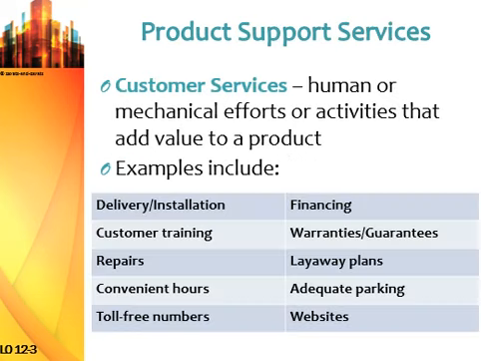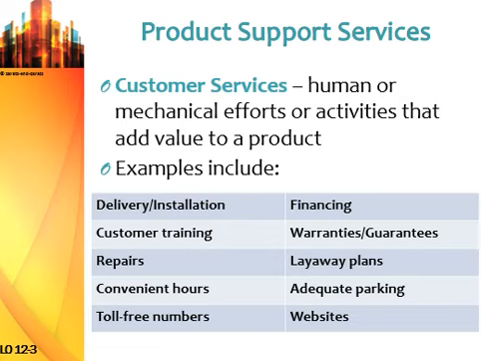And product support services also help in differentiating products and services. For example, if you are buying a washing machine in a household products market, these kinds of things will affect your choice of washing machine.